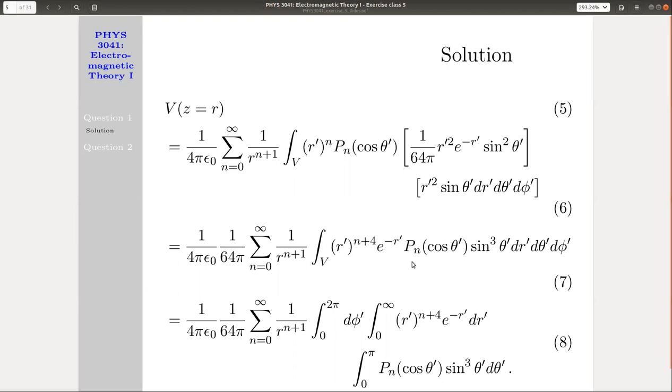Then we also group all the theta prime terms together, the Legendre polynomial and also the sine theta prime cubed. Then here we just have three integrals to do. One is over phi prime, one is over r prime, and the last one is over theta prime.